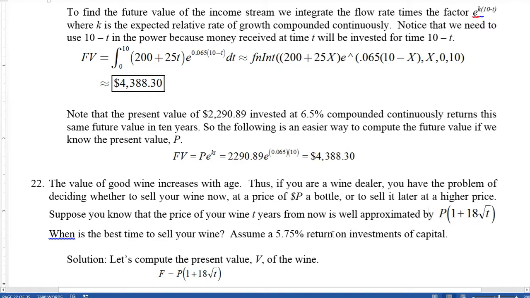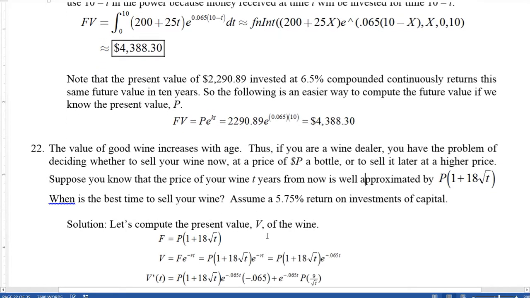So eventually the amount of growth on the wine is not going to be as good as the amount of growth you could get from investing it in whatever it is that gets 5.75%. Probably the wine is growing faster than that percentage rate at the beginning, but slower than that later on. And so anyway, we're going to try to figure out the optimal value here.